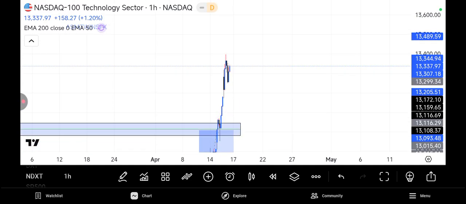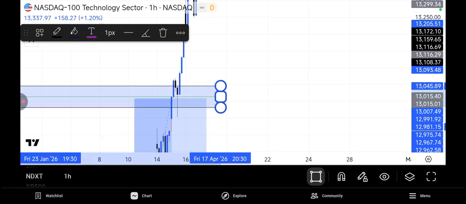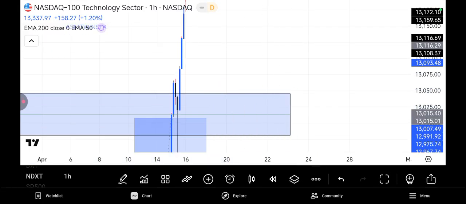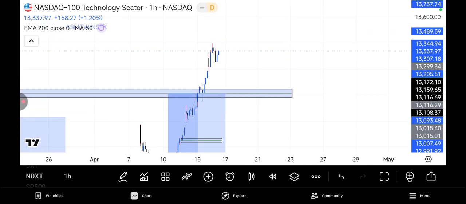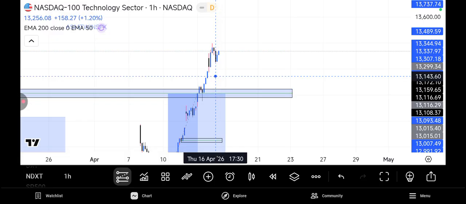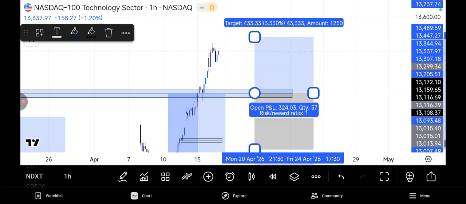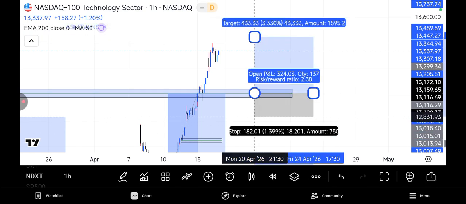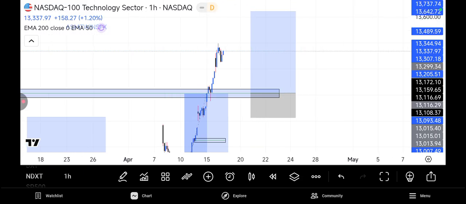A candle body has closed above this area, so this is a very nice opportunity. Price will eventually pull down to it before we buy up. So we buy up at this area, stop loss here. This is where we'll be buying.